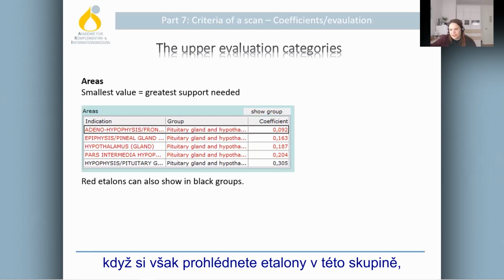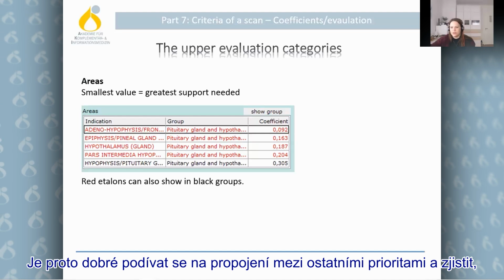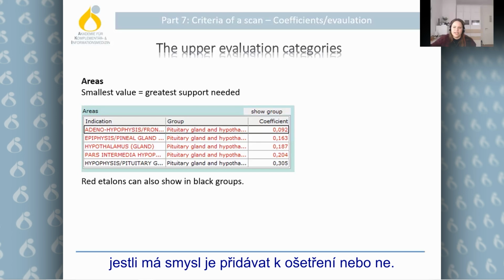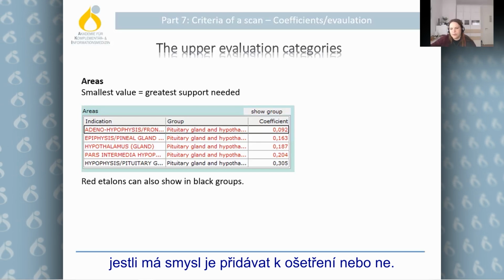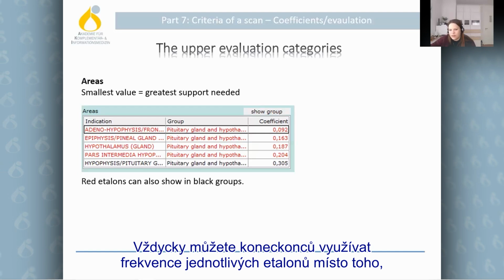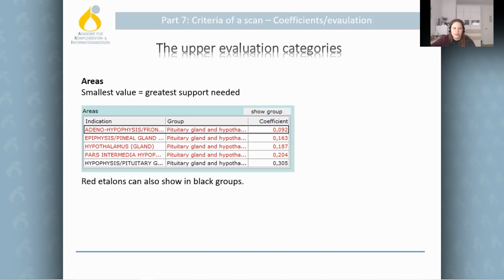But if you look at some of the etalons within the group, they do show a problem. So here it is good to look at the connections between the other priorities to see if it is necessary to bring them into the treatment or not. So you can always use the individual etalon frequencies individually rather than treating the whole group as a priority.